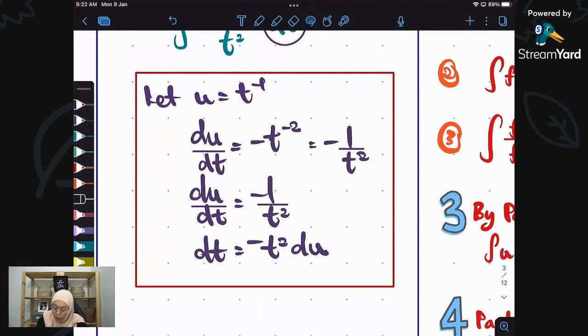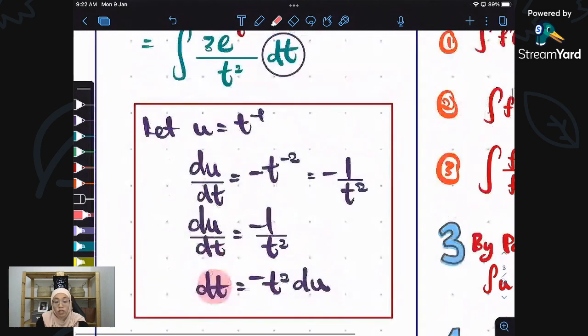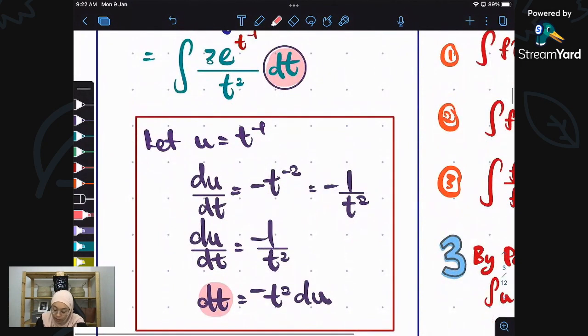That is your new dt. That is your answer as the dt subject. You remember, yeah? You want to change this dt into here. So now we are ready to change everything into terms of u. Let's start.